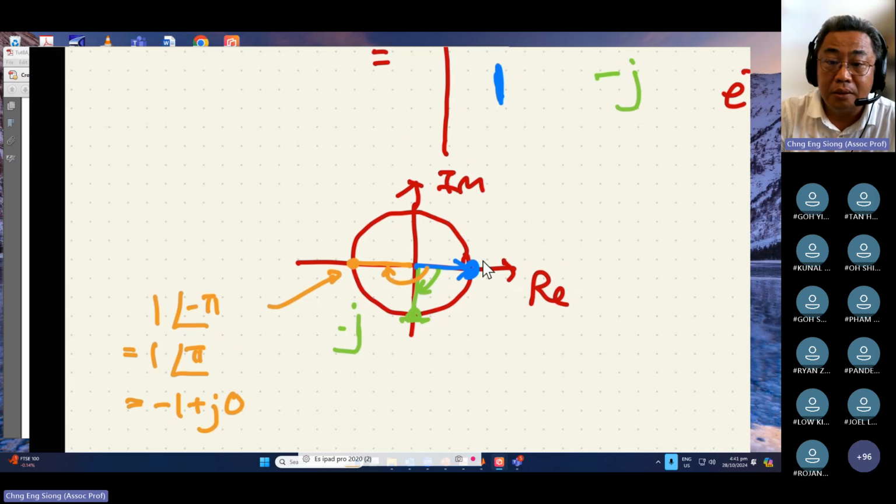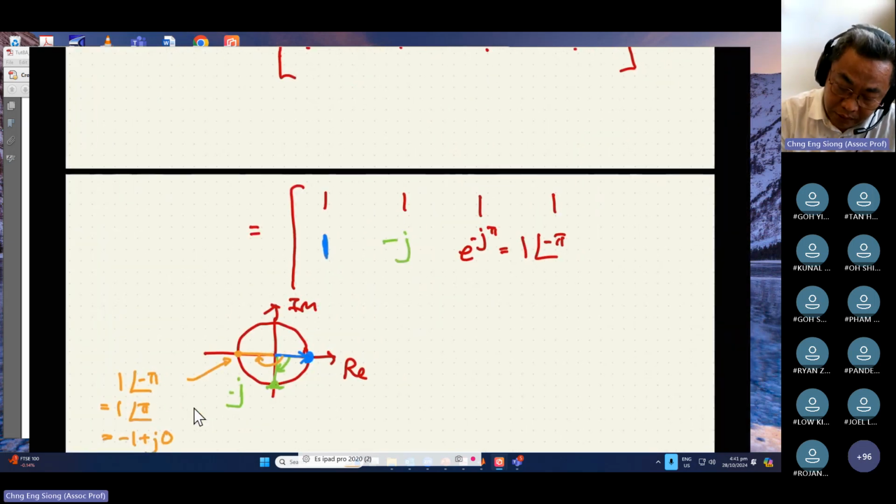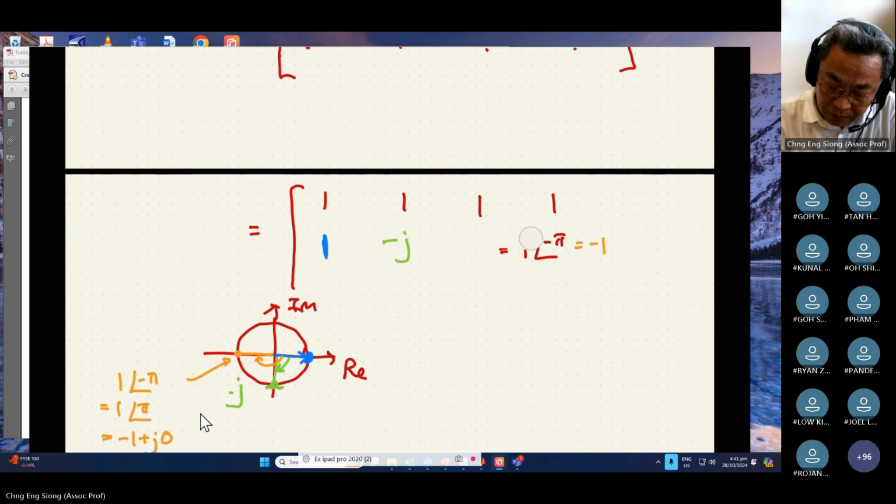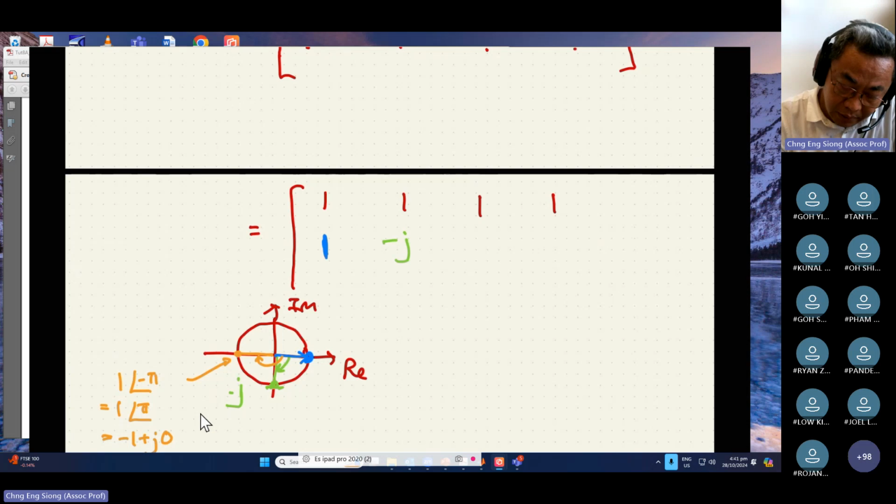Because the blue is 1. This guy is minus j. This guy is minus 1. This guy is plus j. So it is actually minus 1. So I'll erase all this now, and I'll write minus 1.